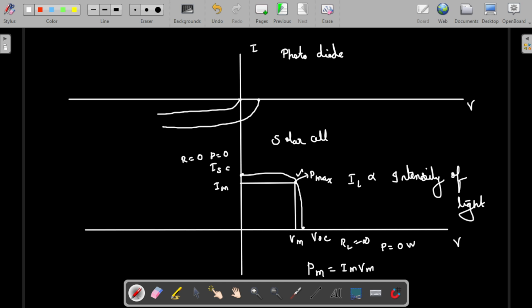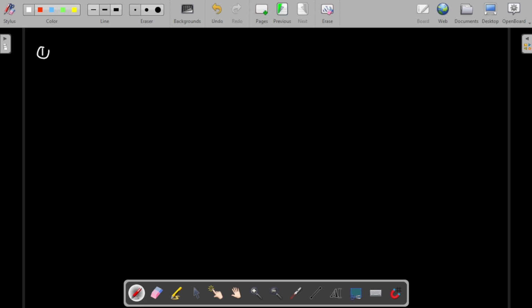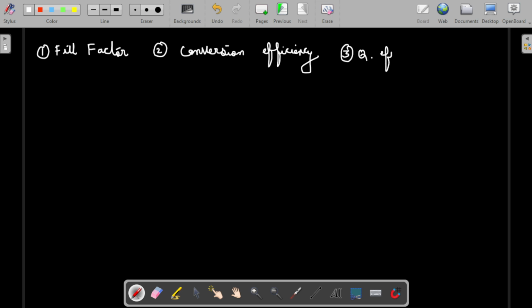Some inbuilt parameters are there in order to define the solar cell characteristics. They are the fill factor, second the conversion efficiency, third the quantum efficiency, and fourth the responsivity.